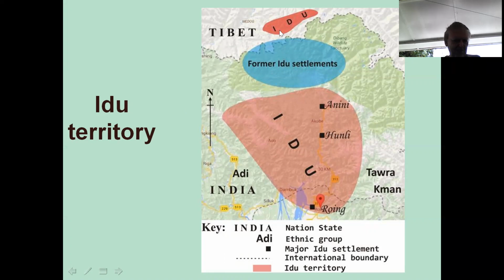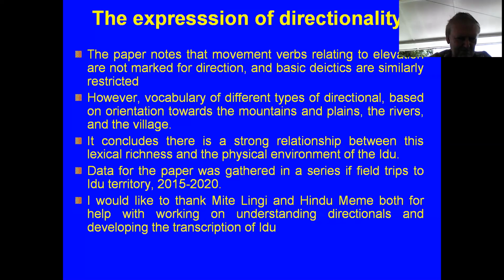The small number of Idu villages were cut off in Tibet, and I understand have recently been moved away from the border to new cultural settlements or something like that, the intention of which presumably is to make the Idu lose their culture in China. Idu people in India are pretty dissatisfied with the situation, but not much can be done about it.